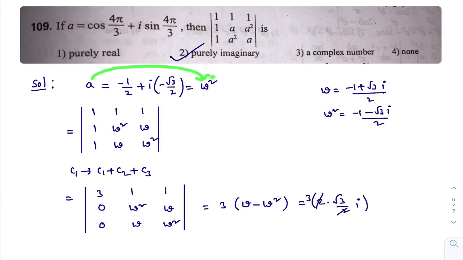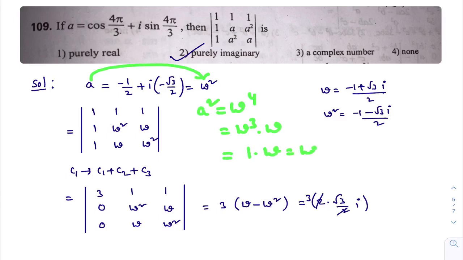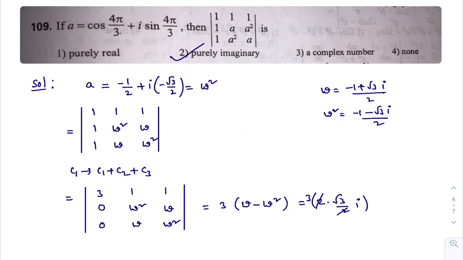If a is omega square, what is a square? A square is omega power 4, which can be written as omega cube into omega. Omega cube is 1, and 1 into omega is omega. So in place of a, you write omega square, and in place of a square, you write omega. I hope you understand.